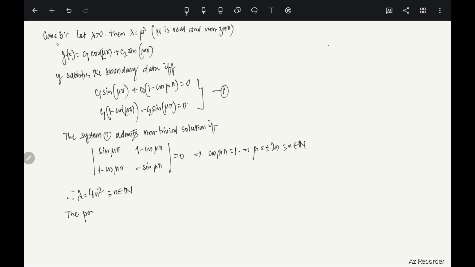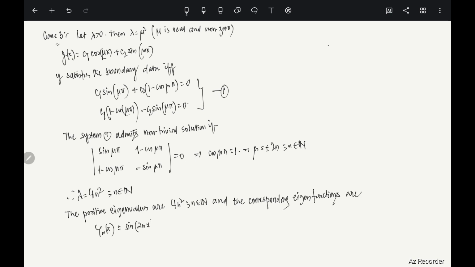Therefore the positive eigenvalues are 4n square, n in N. And the corresponding eigenfunctions are, let's say, phi n of x is sine of 2nx and phi n of x is cosine of 2nx.